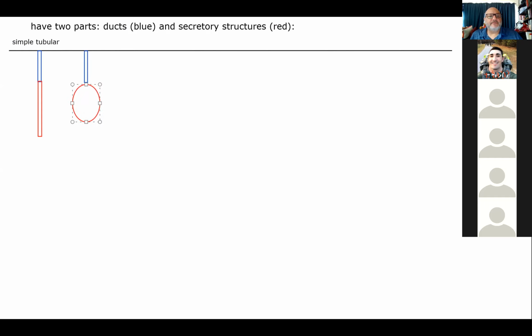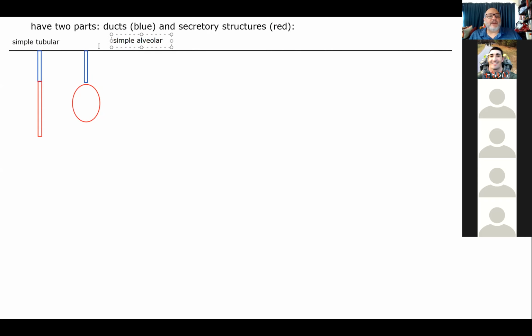What would this be? Come on, what's this one? Simple alveolar. Excellent. Excellent. Getting the sense of this, that works.